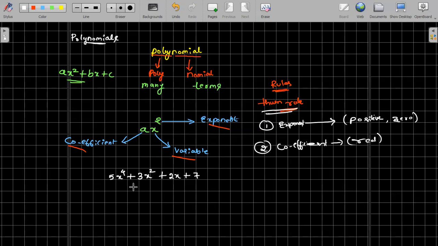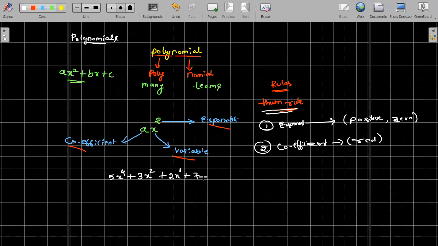One important thing we need to understand here: we can see 5x to the power of 4, 3x to the power of 2, and 2x to the power of 1. If nothing is written, it indicates 1. Here, 7 has no variable.